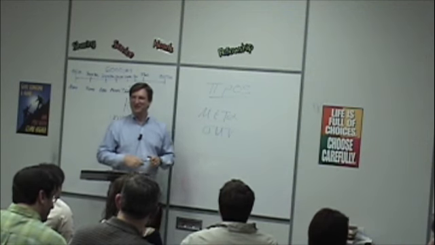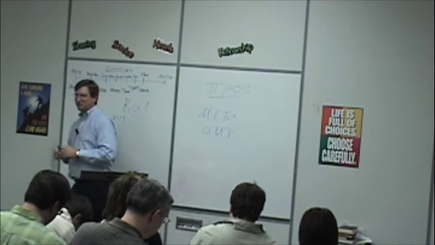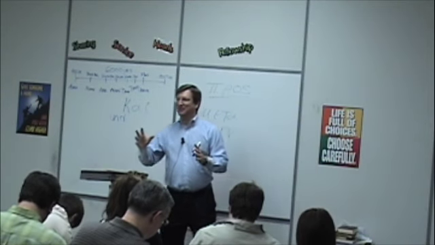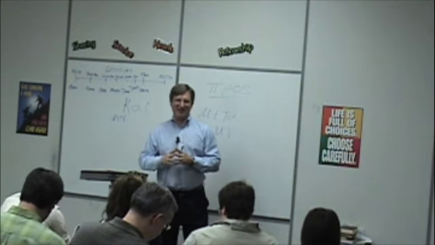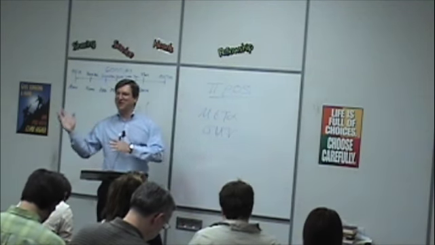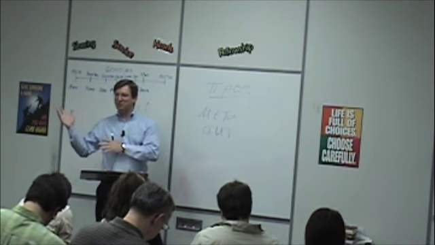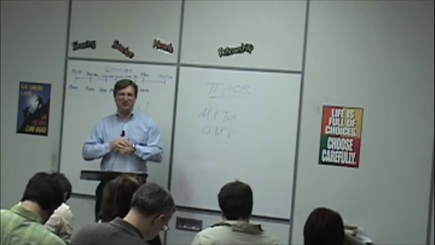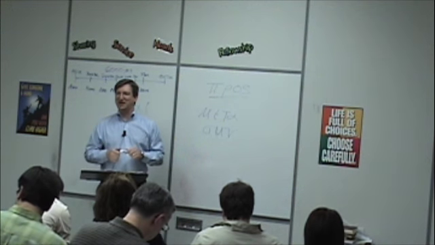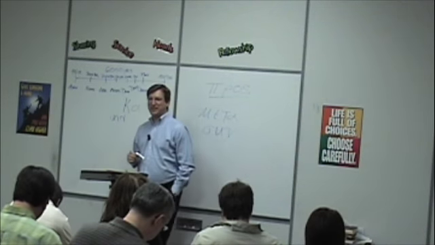Here's the best part. Turn to 1 John chapter 2. This is where, to me, the Greek language becomes exciting. This is where you learn information that you cannot learn by simply reading the English Bible. Not that there's anything wrong with not knowing what we're about to see, but this, to me, is very exciting. Somebody read for us 1 John 2, verse 1.